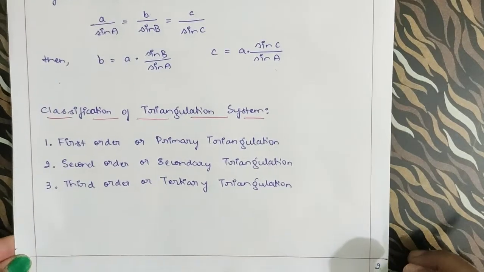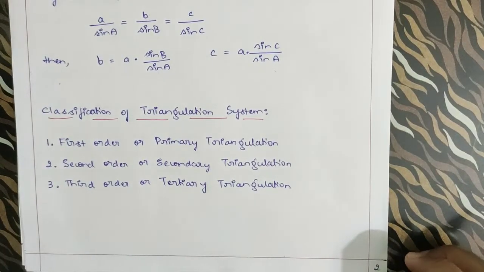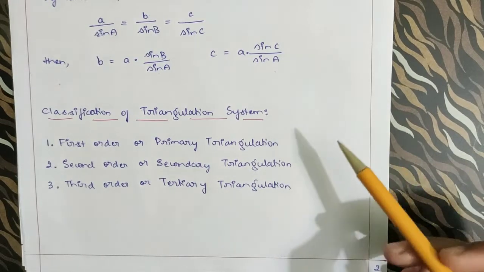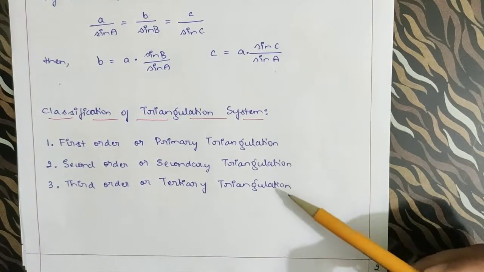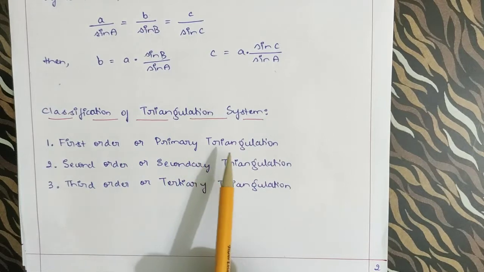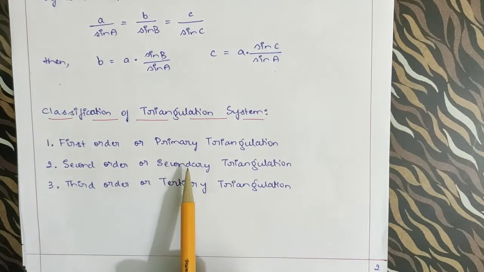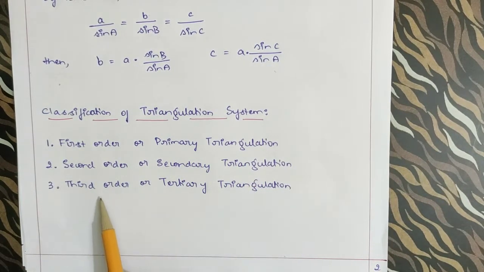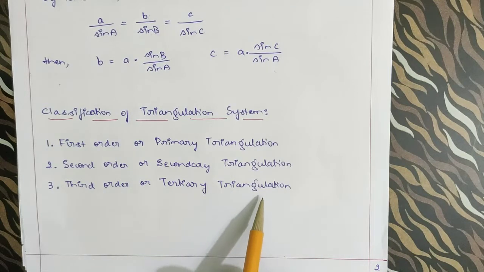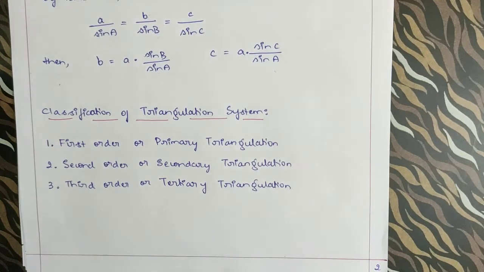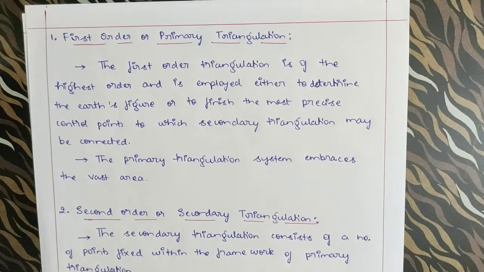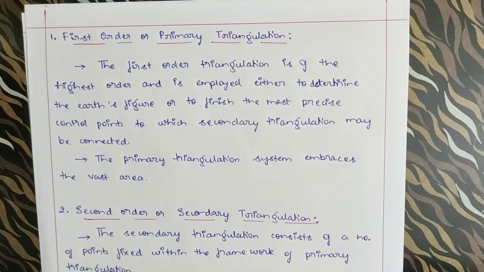Next, coming to the other topic, that is classification of triangulation system. There are three classifications: first order or primary triangulation, second order or secondary triangulation, third order or tertiary triangulation. Coming to the first order or primary triangulation.